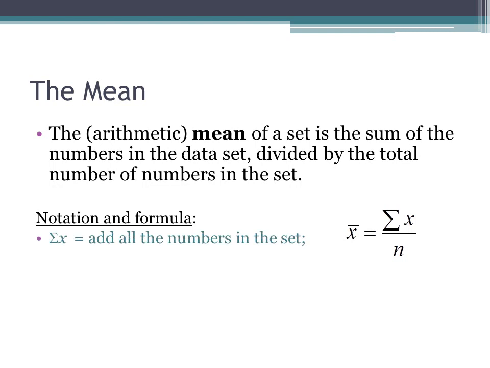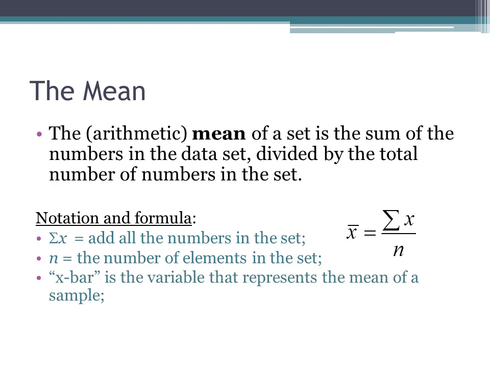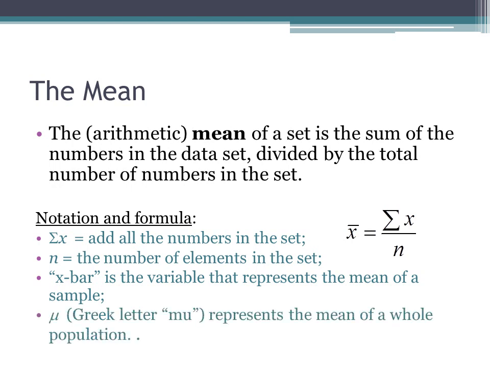Sigma x says that we have to add up all the data points. n is the number of data points in your set. So after adding up all the points, you divide by the number n. For samples, we usually represent the mean by x bar. Sometimes we want to represent the whole population, and we use the Greek letter mu, m for mean.